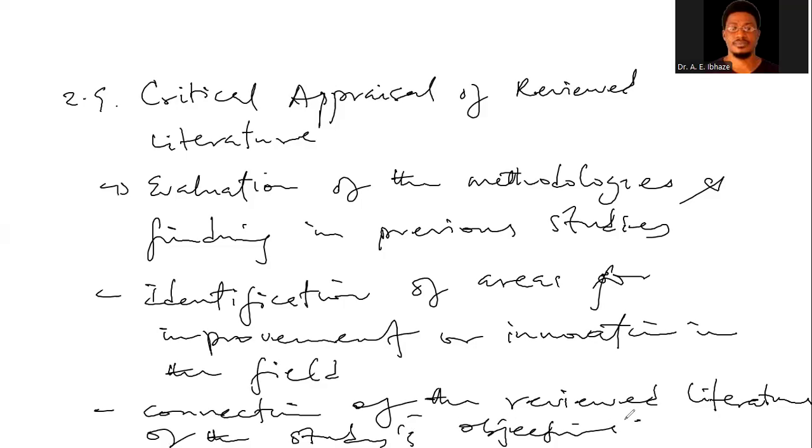This is where you provide that critical appraisal to say, looking at this literature, this study, these are the methodologies they used, these are the findings, these are the limitations, these are the gaps, and these are the areas that require improvement and innovation. Then you link that to the objectives of your study, which will drive the aim.